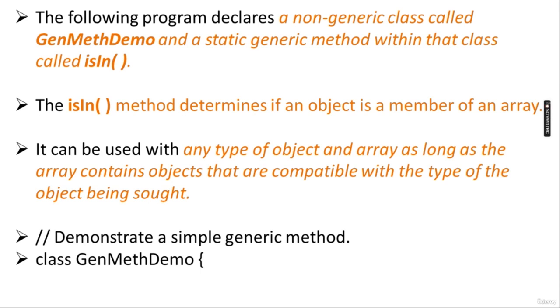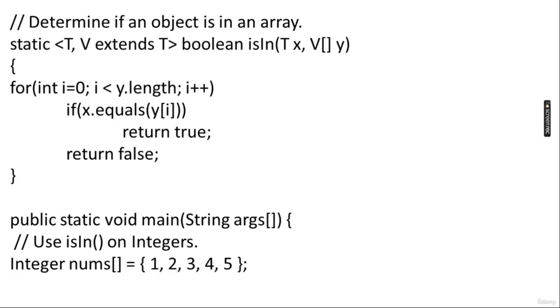So we will see the example, class GenericMethodDemo. Determine if an object is in an array. static <T, V extends T> boolean isIn(T x, V[] y). So whatever object we are passing, we are checking whether it is in the array or not.